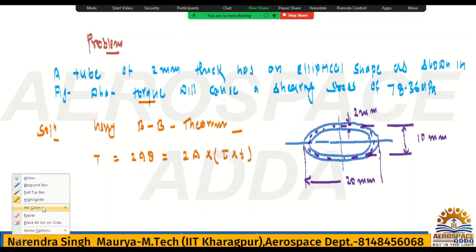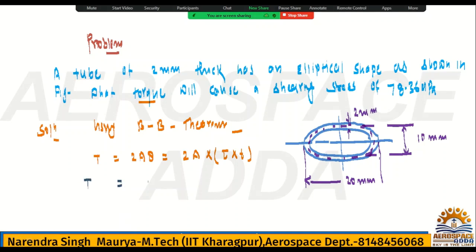Now we should know the formula for the ellipse area. The ellipse area is pi into a into b. A and b are the dimensions, major axis and minor axis.